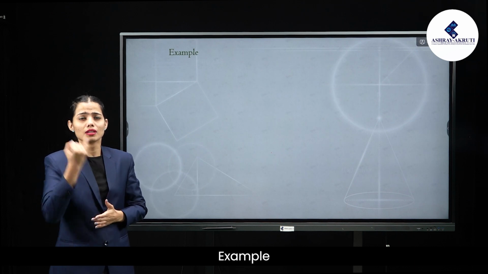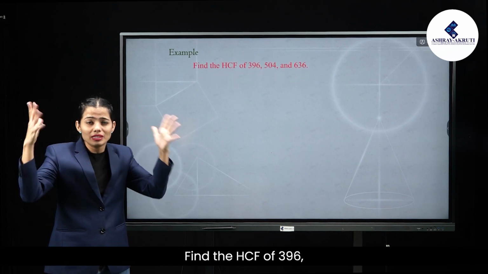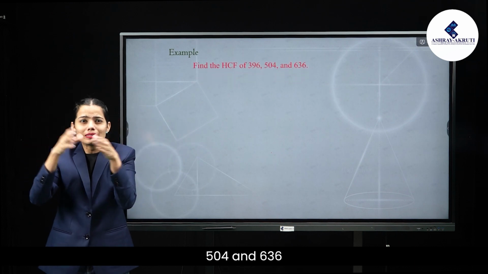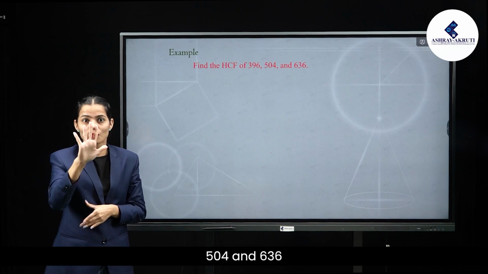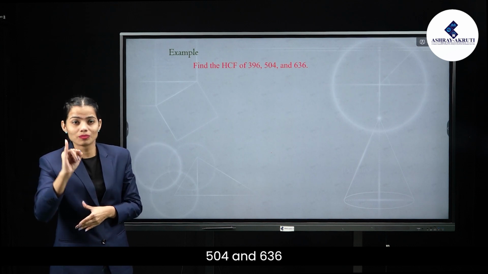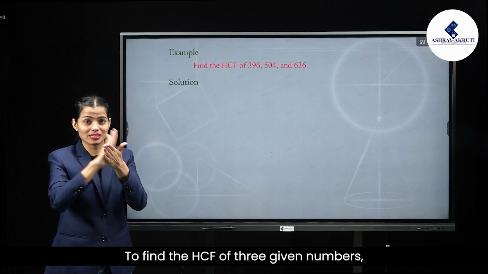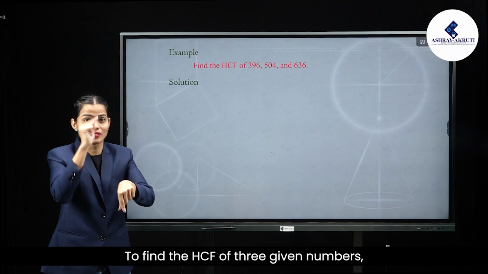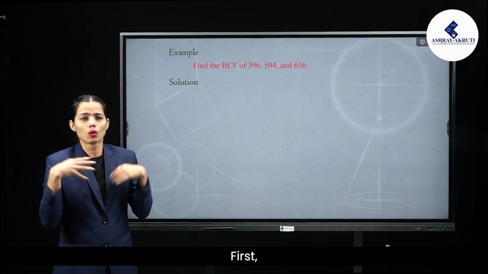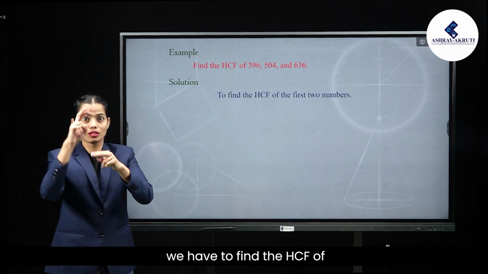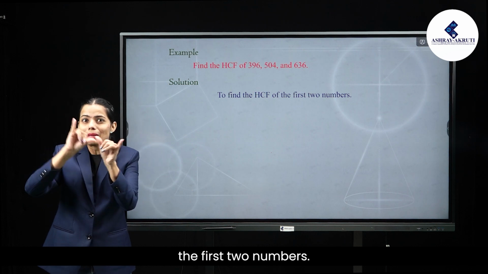Example: find the HCF of 396, 504 and 636. Solution: to find the HCF of three given numbers, first we have to find the HCF of the first two numbers.